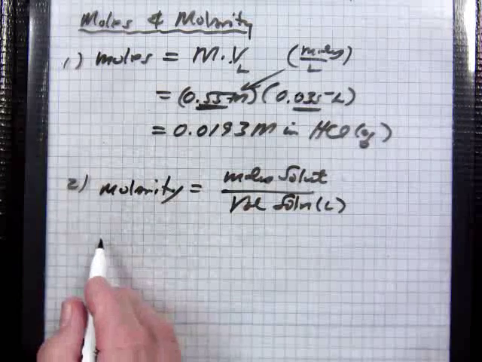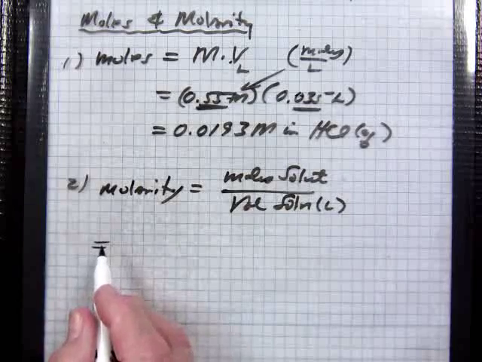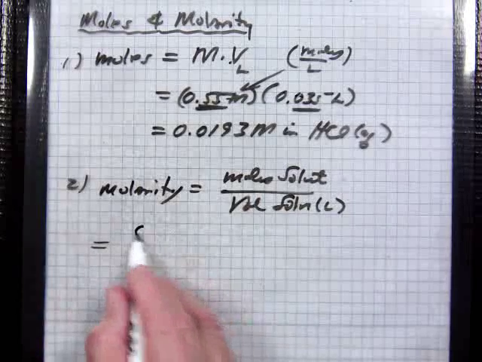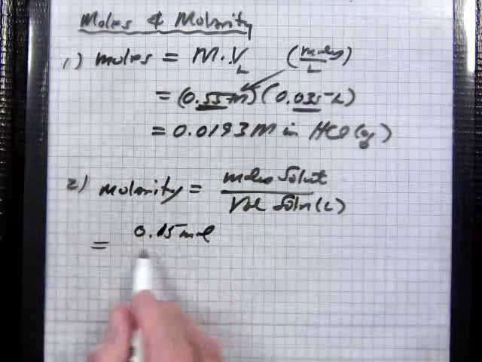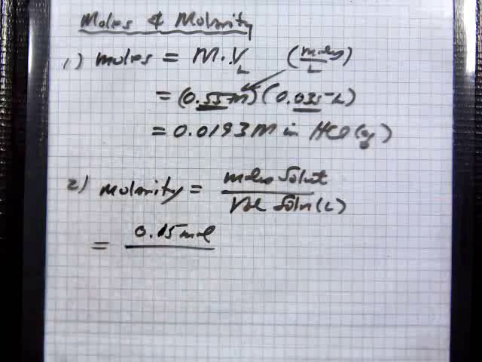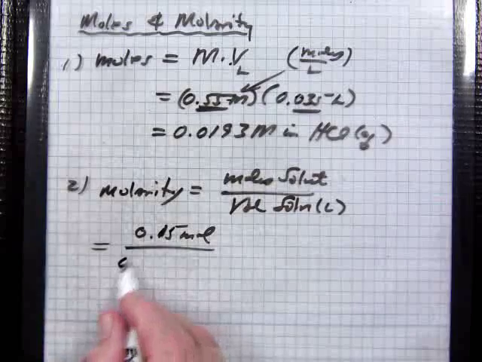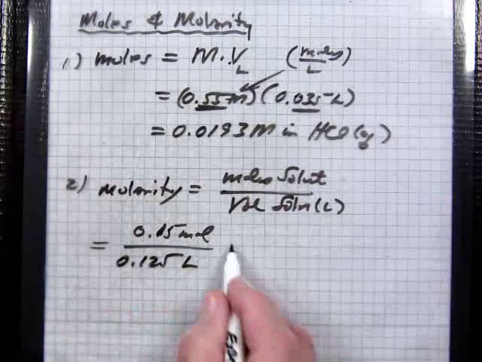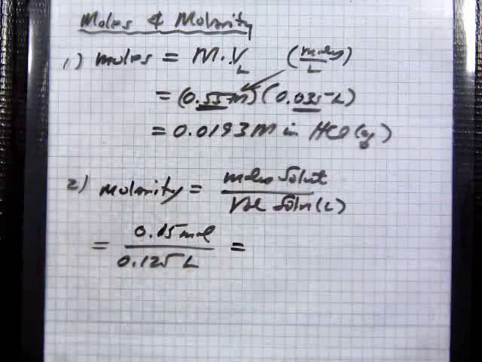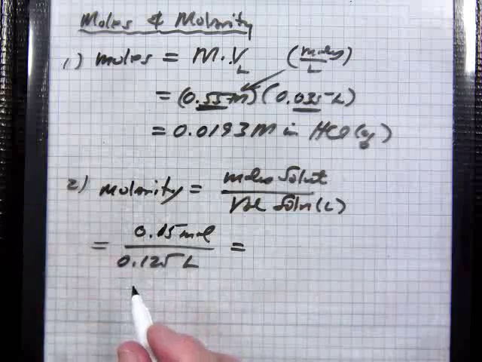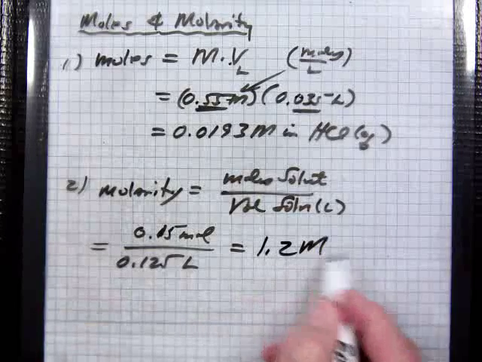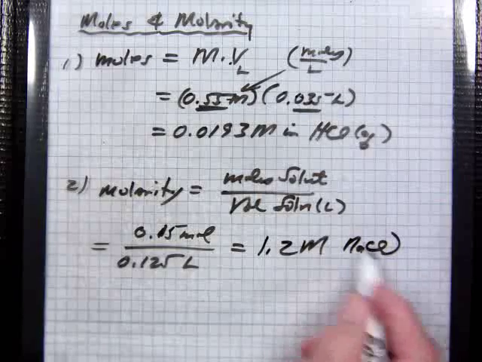So what you're given here is 0.15 moles of sodium chloride and 125 milliliters, or 0.125 liters. And so you punch that in, and you get your molarity. So that's a 1.2 molar sodium chloride solution.